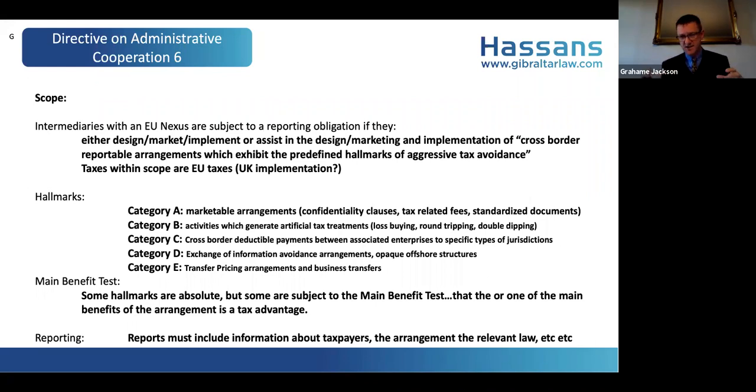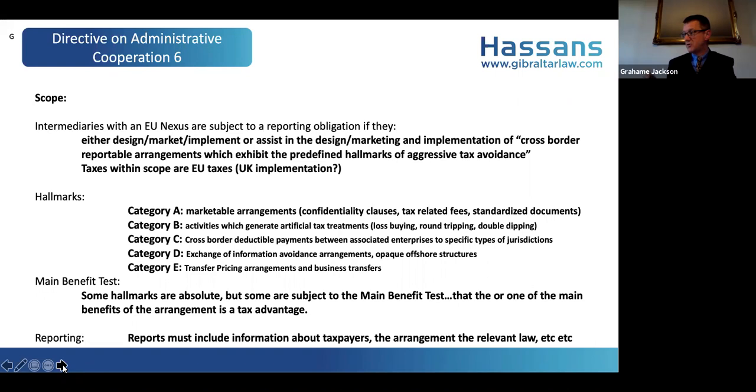There's a lot of free text boxes that you need to fill in, describe the arrangement, and do so in full. It's much beyond what has happened before, and it requires those intermediaries who are not lawyers and not accountants to have probably a stronger understanding of what it is that they're doing, and to delve into things maybe a little bit deeper than they have done before.